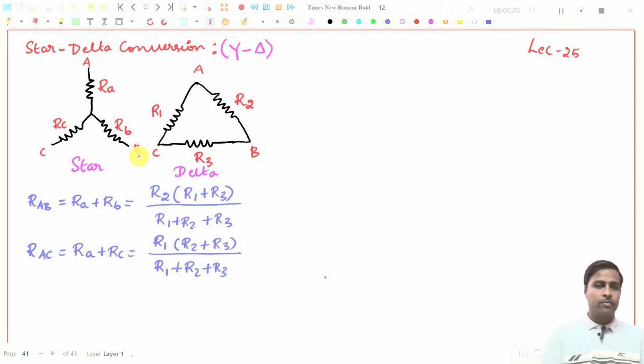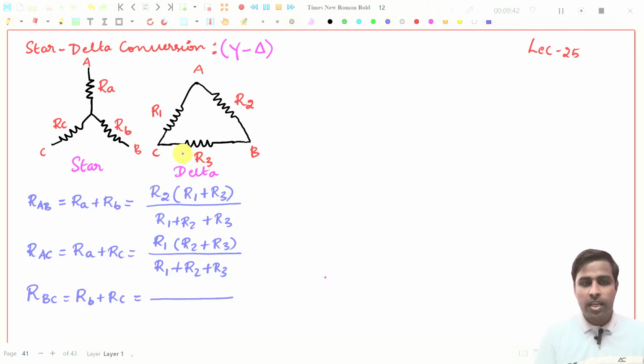Next one, we need to write RBC, right? What are the resistors connected between RBC here? You see these two are connected in series. So you can write it as RB plus RC, that should be equal to, you put a divide now. Between these two points, R3 is there, and these two are connected in series, R1 plus R2.